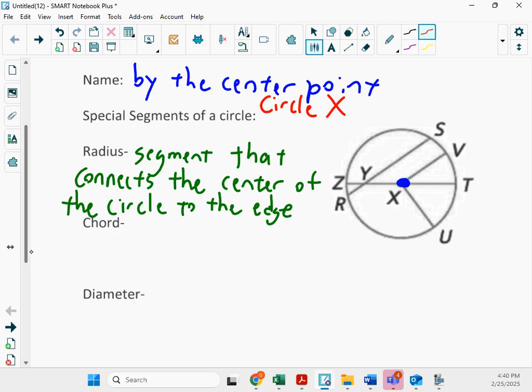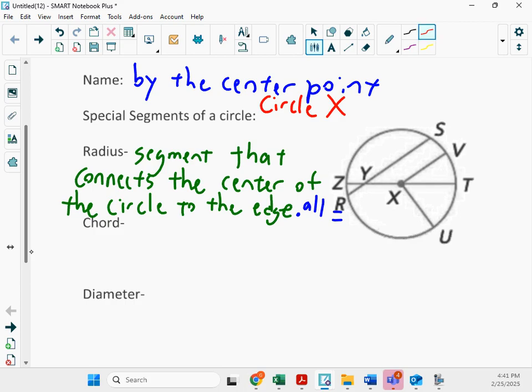We connect the center of the circle to the edge. So for example, XV is a radius. XU is a radius. XT and XZ. Those are all a radius. Now, one thing to keep in mind about a radius is that all radii, radii being more than one radius, all radii are equal. They're all equal to each other.